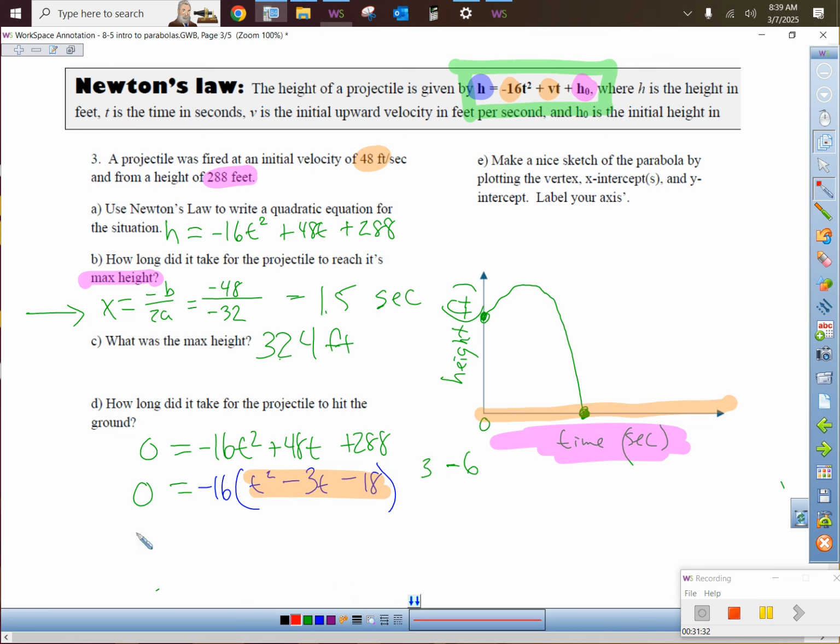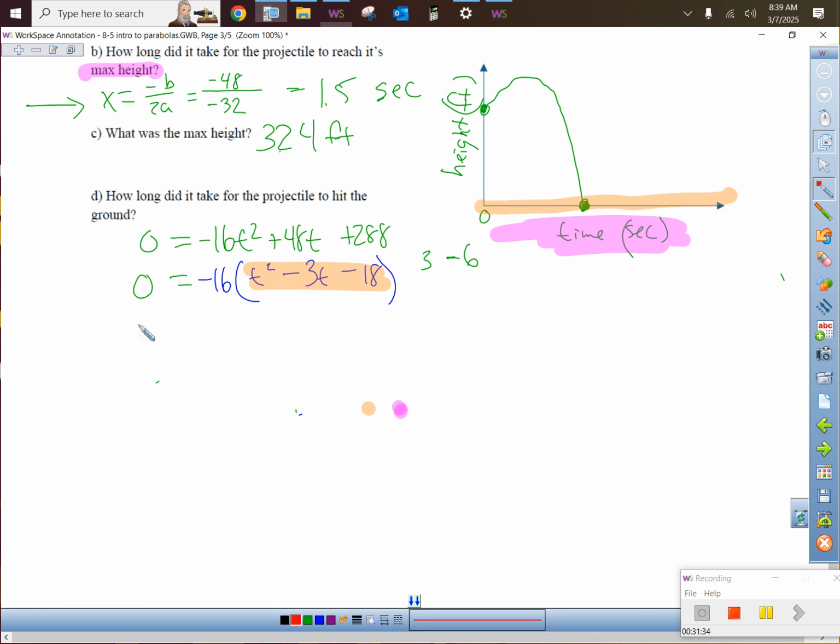And check those numbers with mine. And then we will just keep on factoring. That blue negative 16 on the outside does not disappear, even though it doesn't matter much. So t plus 3 and t minus 6 is what it factors to be, correct?